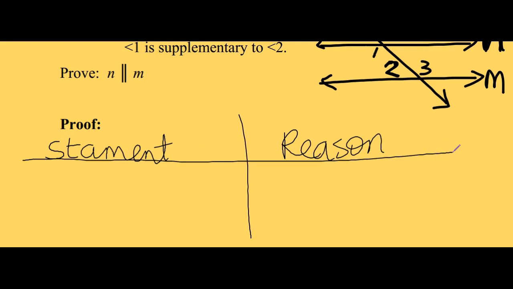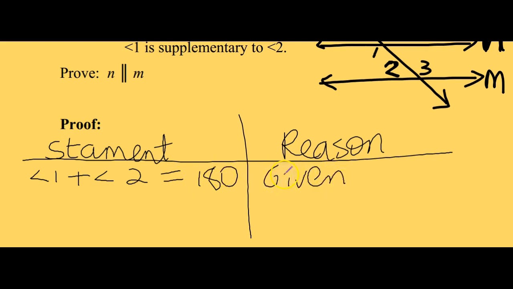Of course we start with what is given. What do we know? We know that angle 1 plus angle 2 is equal to 180 because they are supplementary. It is given. They told us right here.